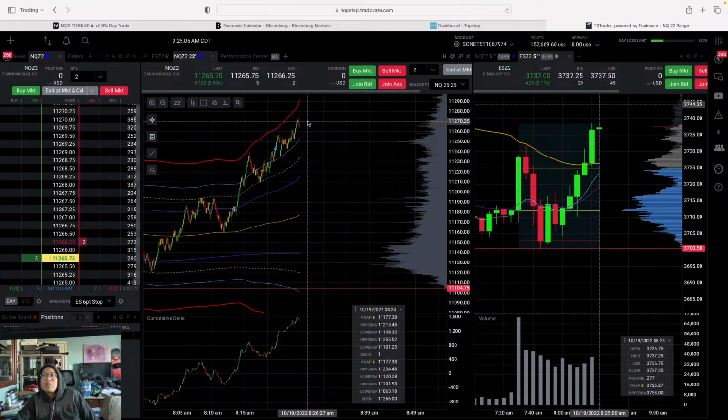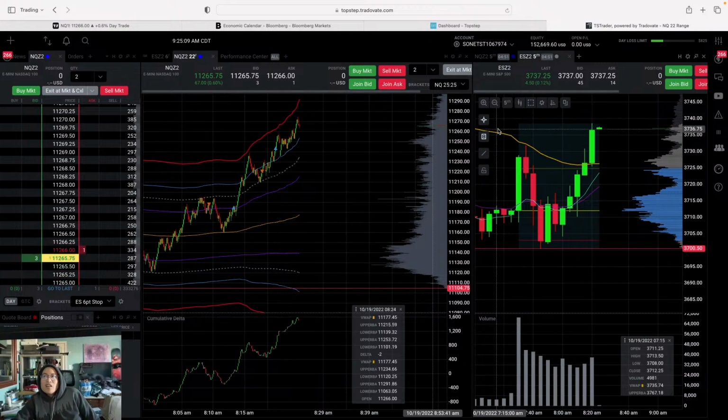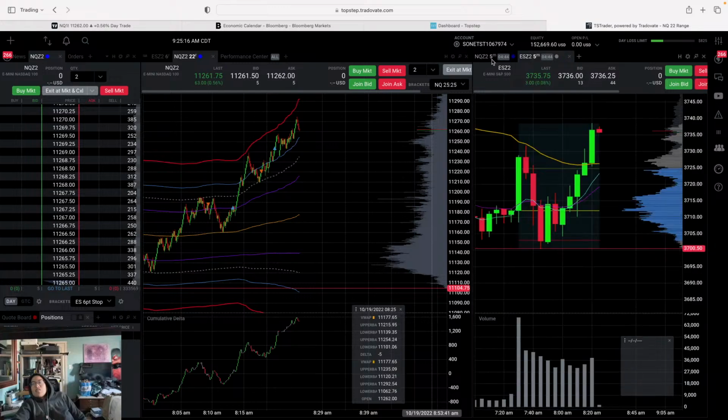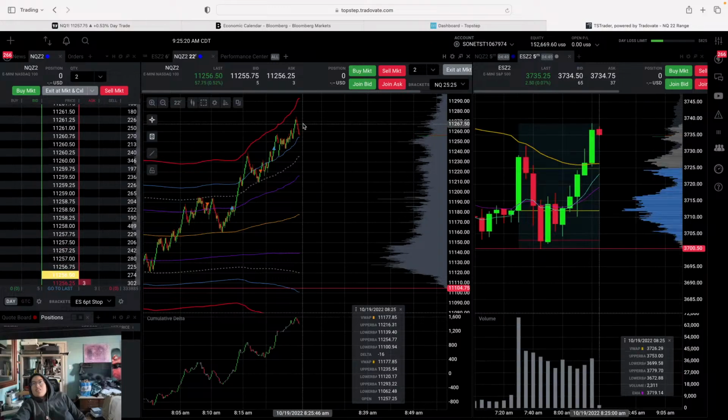Does it keep flying? Oof. Right, there's a part of me that's like, stop trying to trade a reversal right here. But that is a lot of green candles in a row.